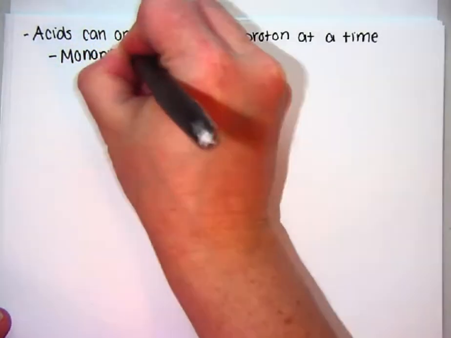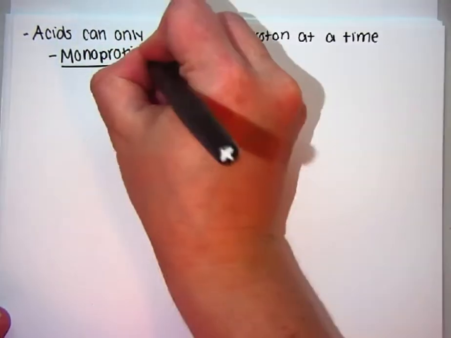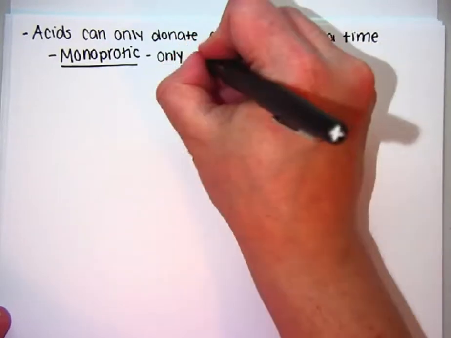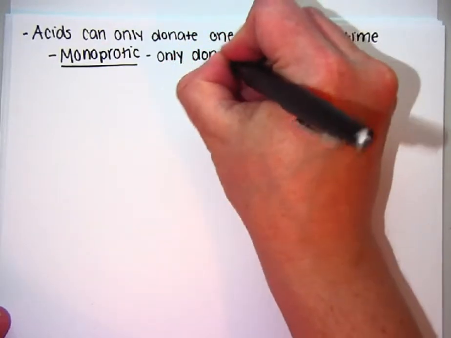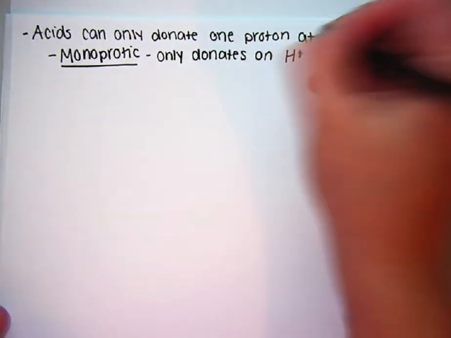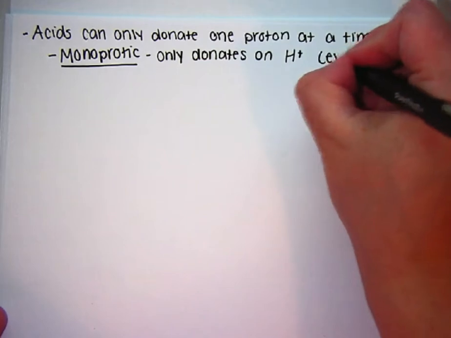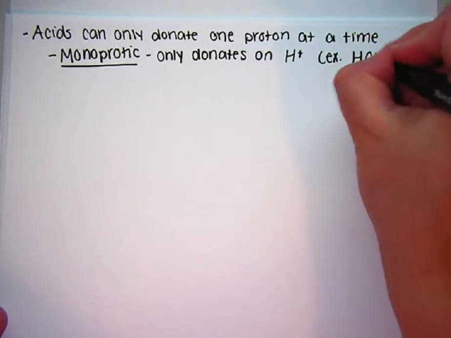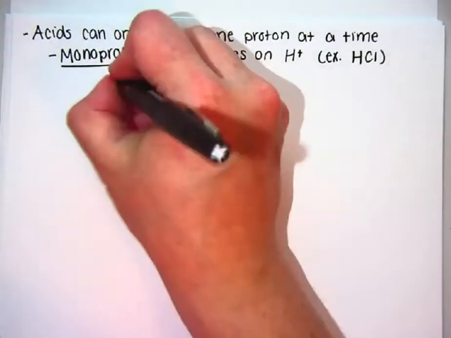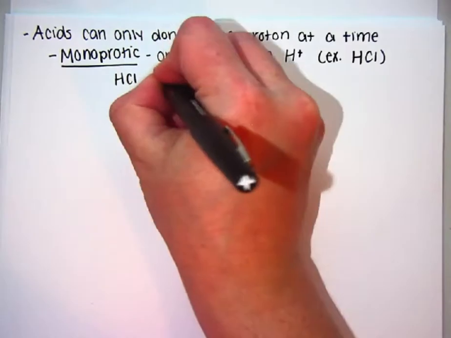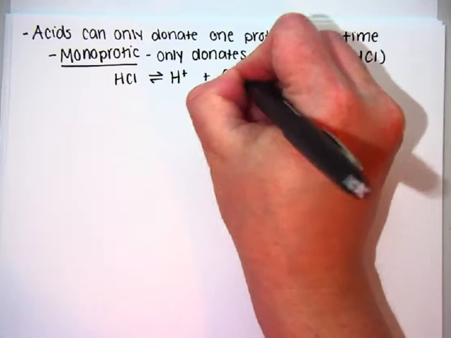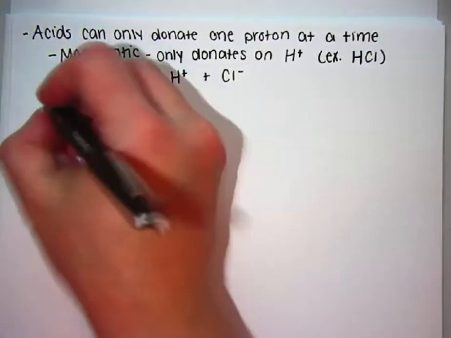If I had a monoprotic acid, a monoprotic acid only has one acidic hydrogen. It only donates one H+. Maybe something like hydrochloric acid. Doesn't have any more protons to donate.